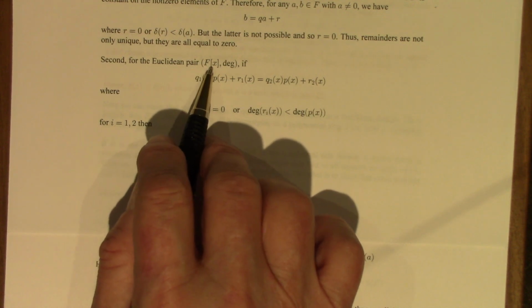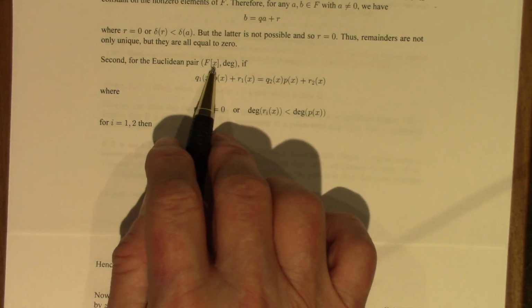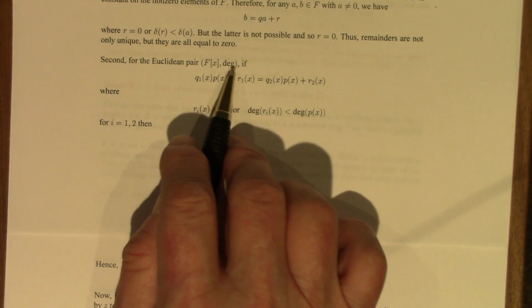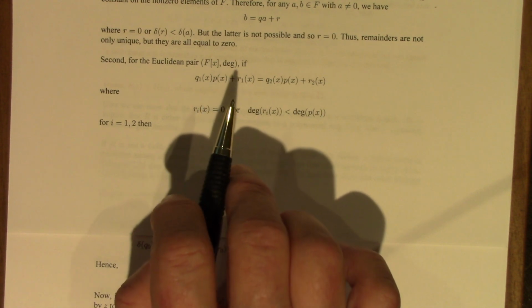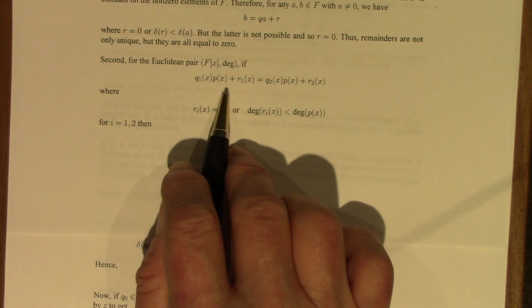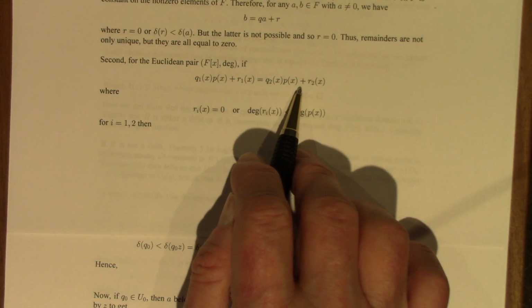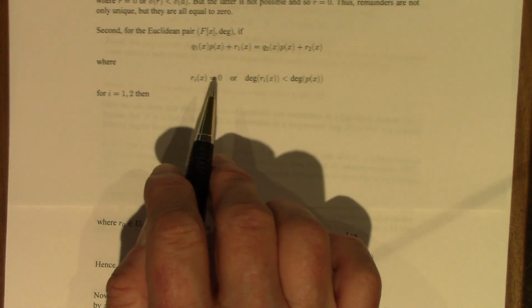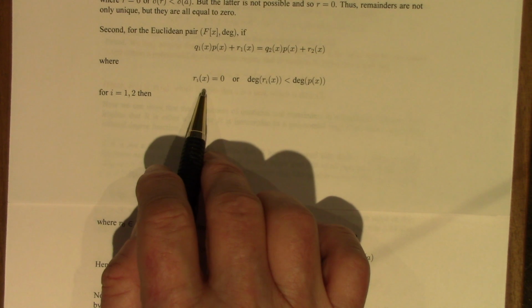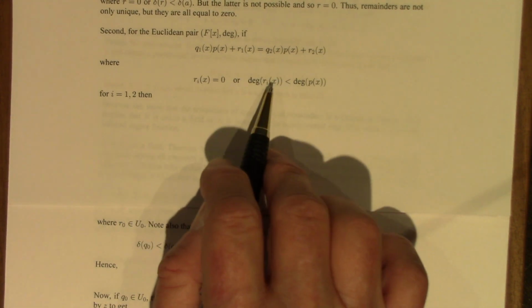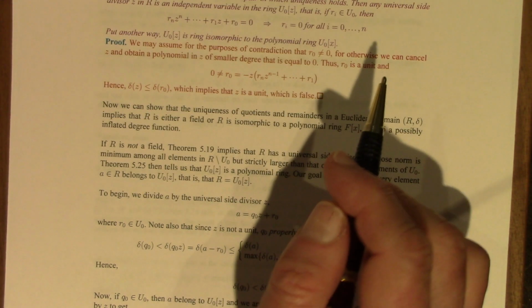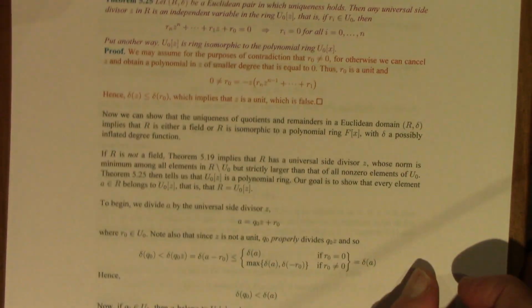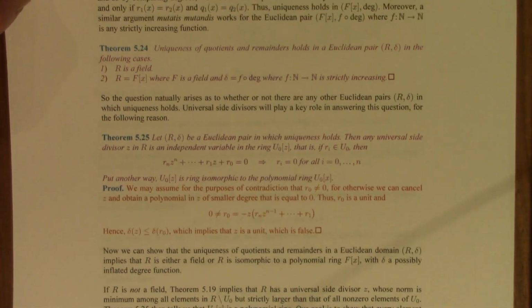The other case is the Euclidean pair F square bracket x, the polynomials over a field F, with the degree norm. As to uniqueness, if we write this equation, where R sub i of x is 0, or its degree is less than the degree of p of x, we want to show the remainders are equal and the quotients are equal.